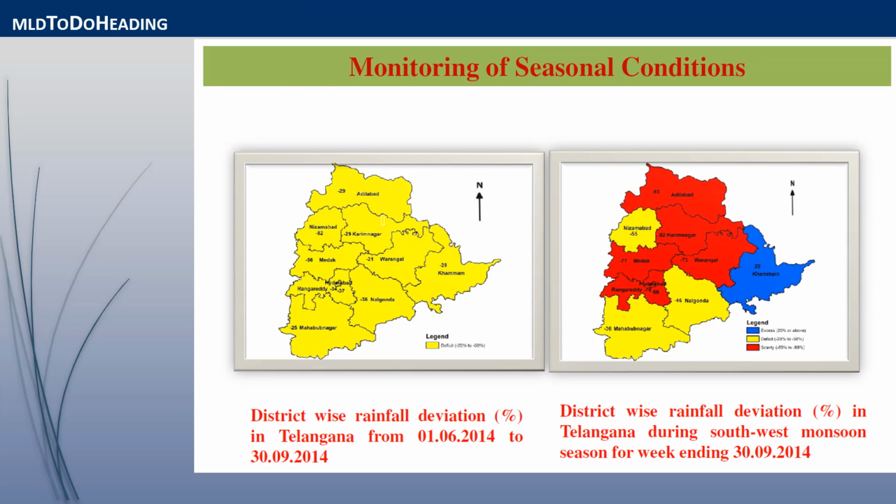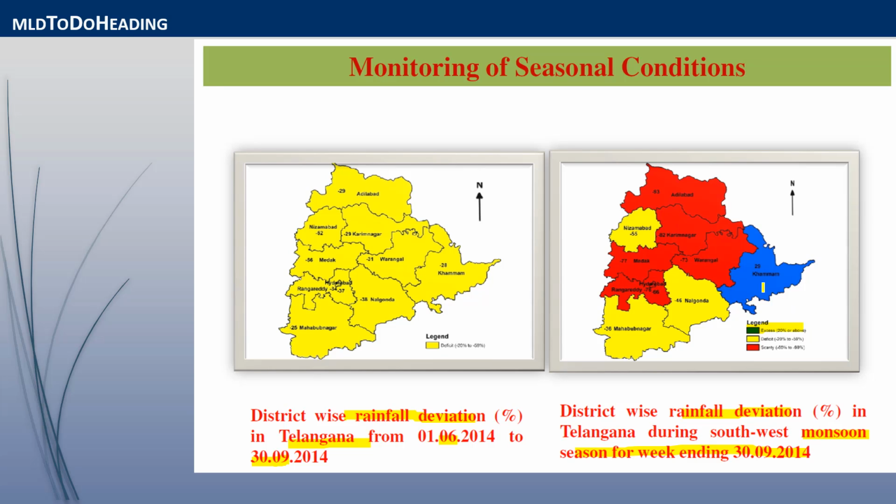And this is monitoring rainfall and its deviation in Telangana district from the 6th month to the 30th of the 9th month, 2014. It shows the monsoon season ending, and you can see this blue region over here.